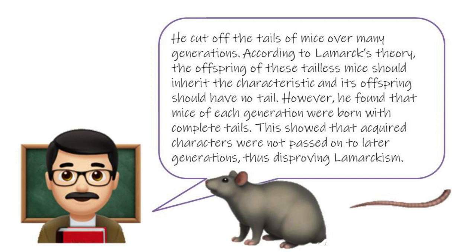According to Lamarck's theory, the offspring of these tailless mice should inherit the characteristic and have no tail. However, he found that mice of each generation were born with complete tails. This showed that acquired characters were not passed on to later generations, thus disproving Lamarckism.